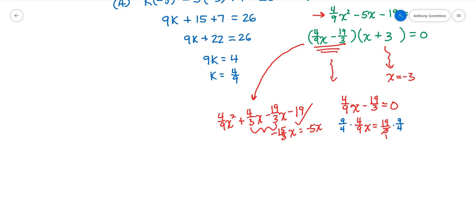The 3 here becomes a 3. And so I'm going to have essentially 19 times 3, which is 57 over 4. And 57 divided by 4 will come out to be a nice little decimal, 14.25. And that would be the other solution.